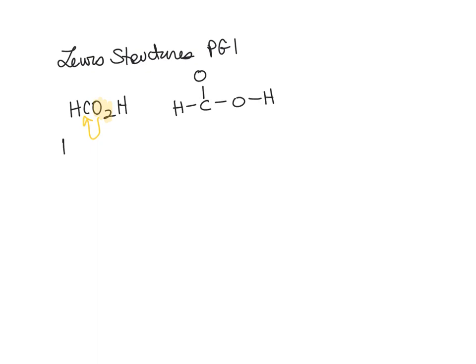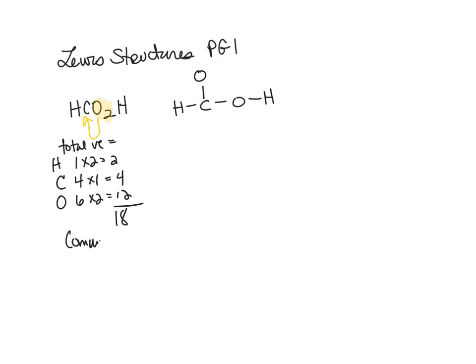Now the total number of valence electrons: hydrogen is group 1, so it has 1 valence electron, and there's 2 of them, so that's 2 from hydrogen. Carbon is group 4, and there's only 1 of them, so that's 4 valence electrons. Oxygen is group 6, and there's 2 of them, so that's 12. You add this all up, that's 18 valence electrons, and then you do your common bonding pattern.